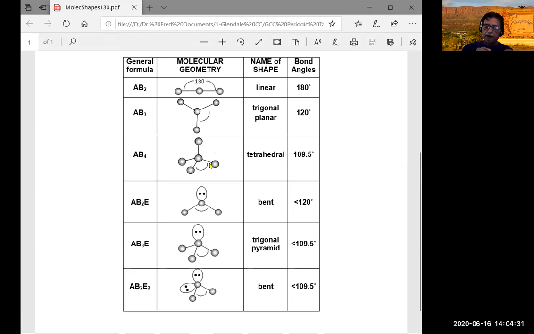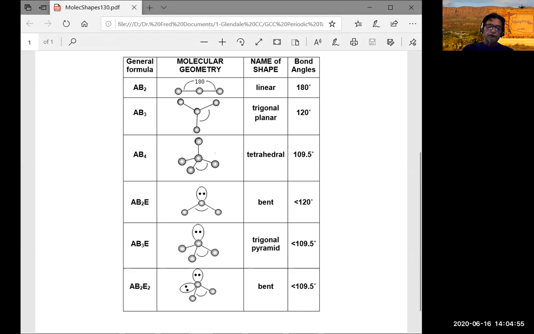And that is, under these conditions for that structure, the optimum bond angle between B's, okay? You can notice there's a variety of different structures, okay? And so with that information, ABE, we'll be able to figure out what is the geometry, what is the shape, and what is the bond angle.